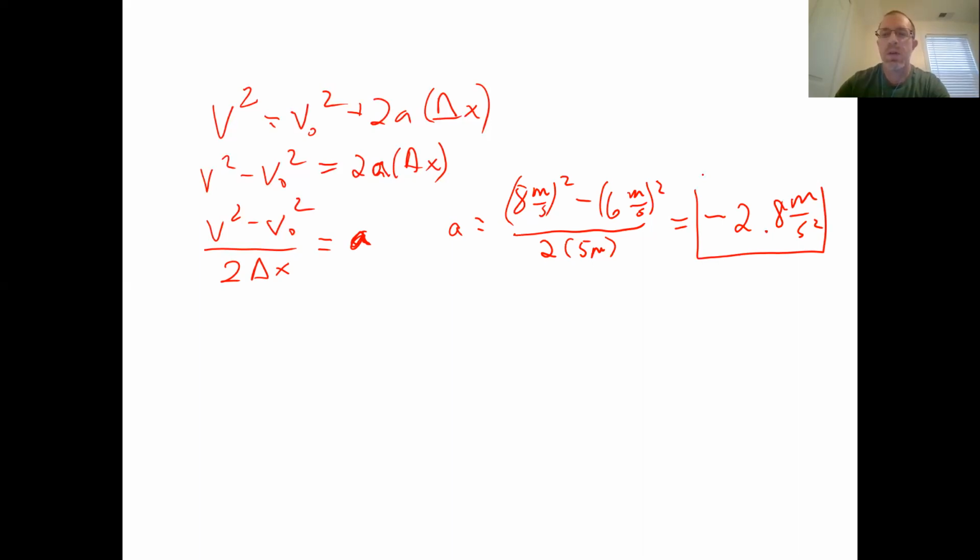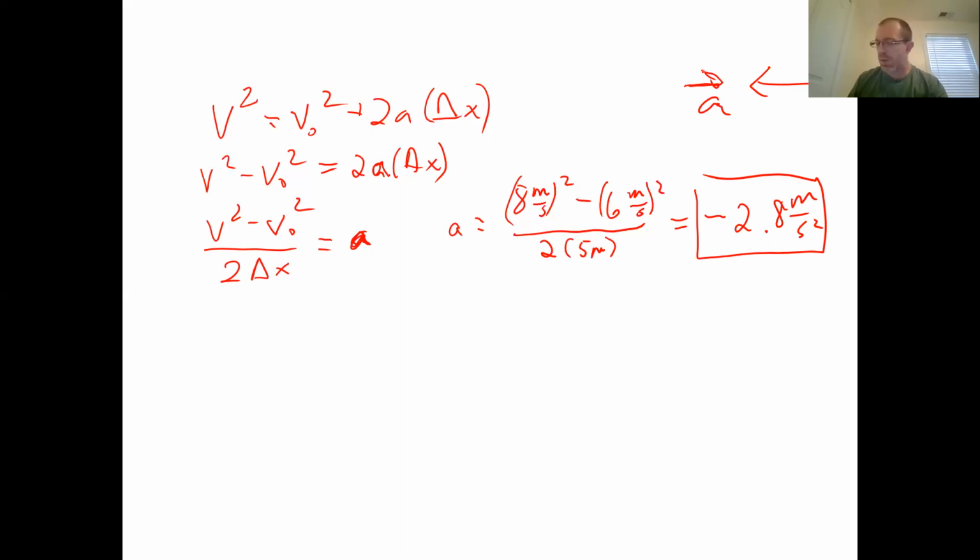All right, so her acceleration is actually to the left. This makes sense. If her velocity is to the right and she's slowing down, then the acceleration has to be pointed in the opposite direction. So velocity is to the right, acceleration's got to be to the left if she's slowing down.